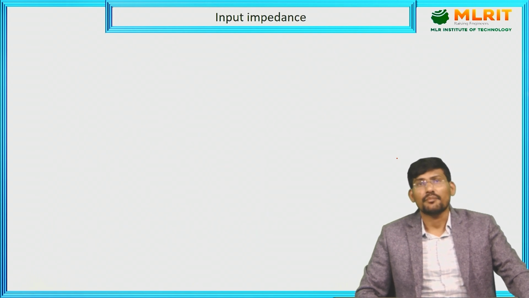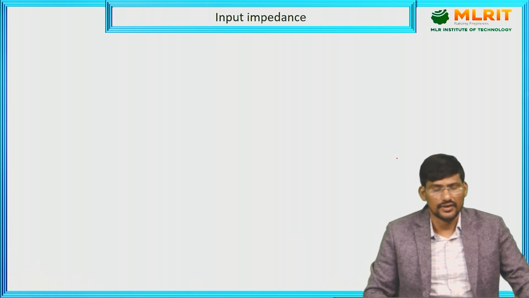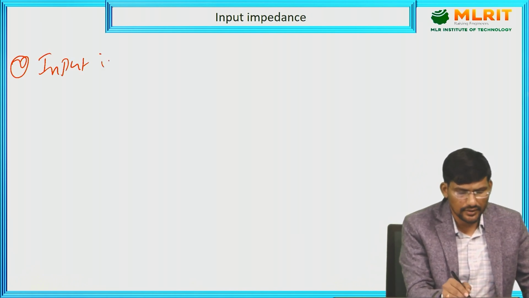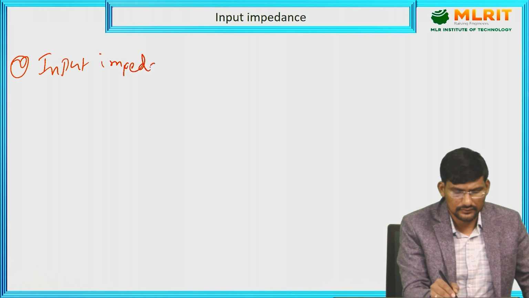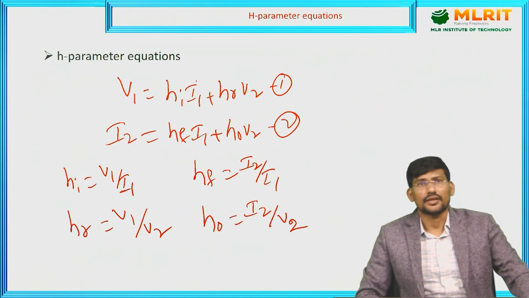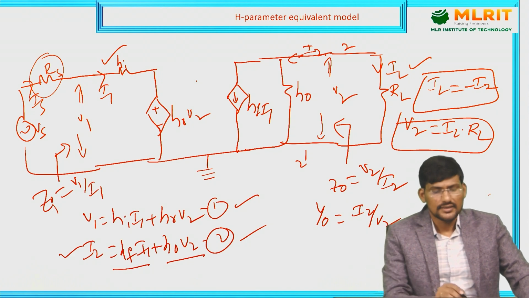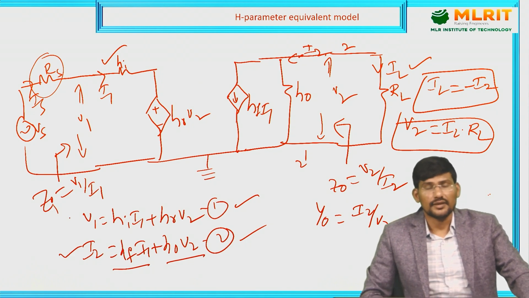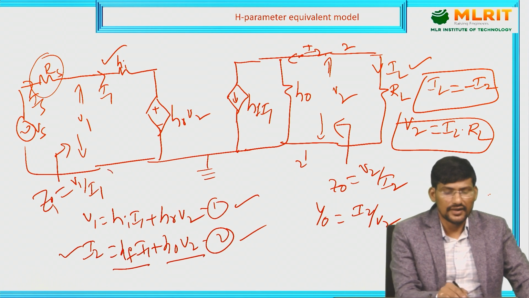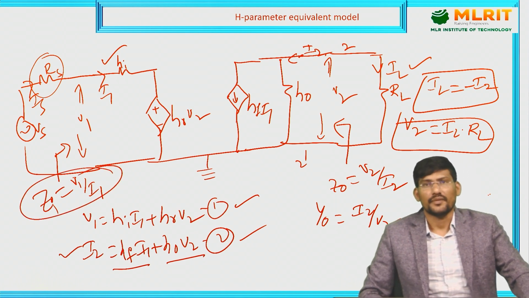The next important parameter we need to derive for a transistor amplifier is the input impedance. The second one is input impedance, Zi. Let me look at the circuit so that you will understand. Zi is nothing but the input impedance of the transistor amplifier seen into the network, and it is defined as the ratio of V1 by I1, that is, input voltage to the input current.